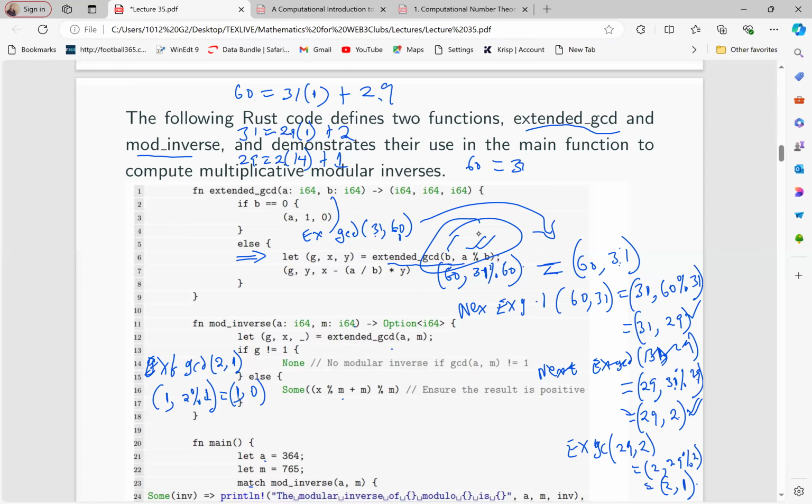B has become 0. What does it say? When B is 0, we go back to the base. When B is 0, our GCD is A. In this case, because B is 0, our GCD now is A.